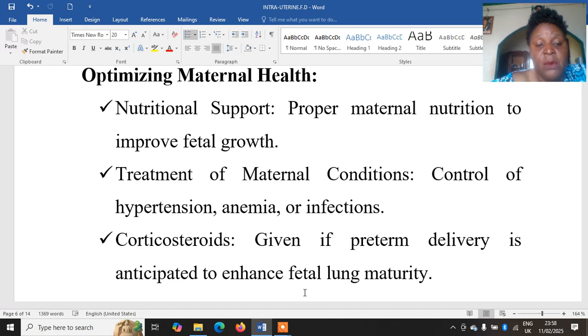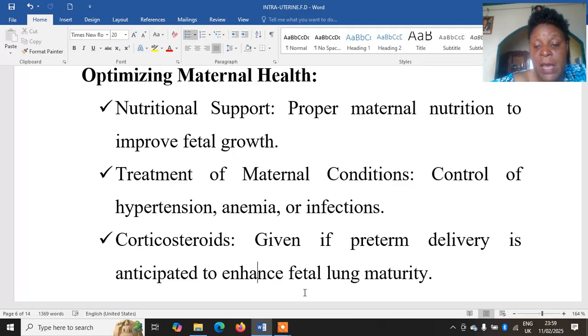Under this, we carry out nutritional support. We find out whether this mother is feeding well. And if the mother is not feeding well, we think of how to feed this mother best. At this time, we allow food supplements like vitamins, porridges, etc., in order that maternal nutrition is uplifted.